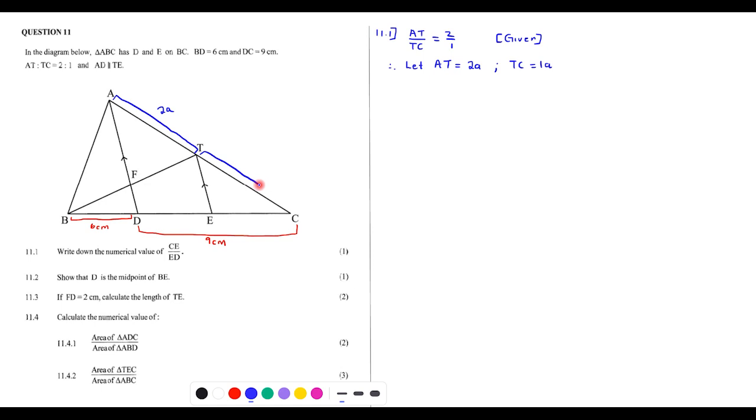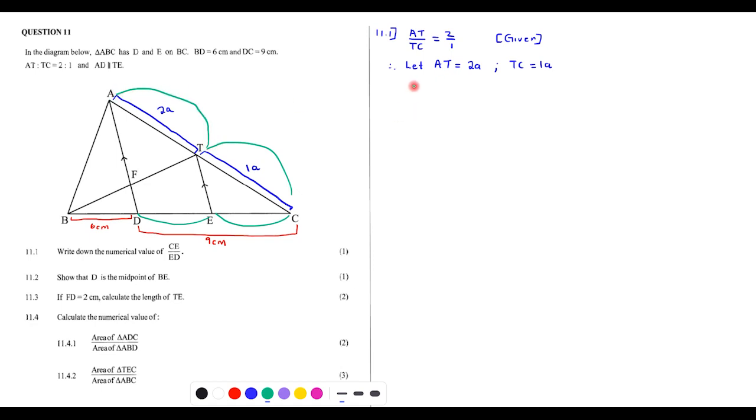All right, now this is going to help me understand how to answer any question that has to do with the length of AT or any side that is in proportion with that. Now the question says let's calculate the numerical value of CE over ED. So CE over ED is in proportion with TC over AT, right?